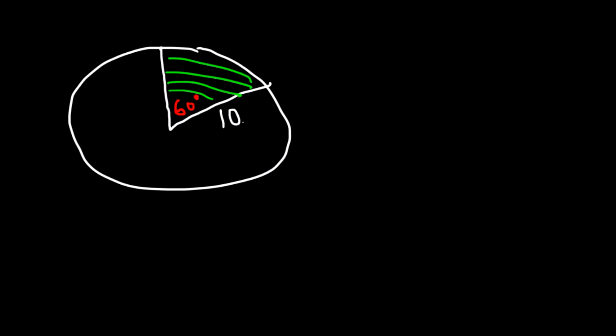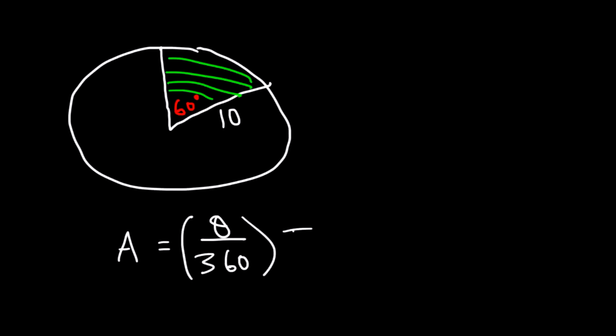What is the area of the green region? Just the sector. To find the area of a portion of a circle, it's going to be the angle in degrees divided by 360. So that's the fraction of the circle times the area of the entire circle, which is pi r squared. So the angle theta is 60.